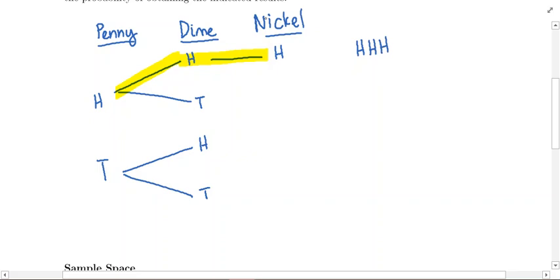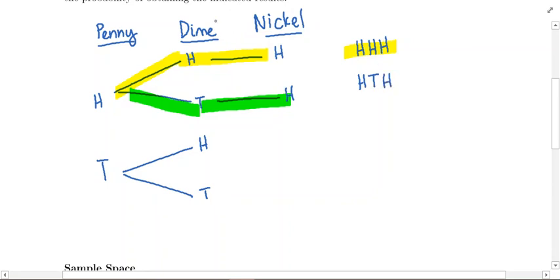Then we have to keep going. We keep drawing branches. The next possibility was that the penny landed on heads, the dime landed on tails, but of course the nickel has to land on heads. So that's going to create your next possibility. If we follow that branch, heads, tails, heads is another possibility.